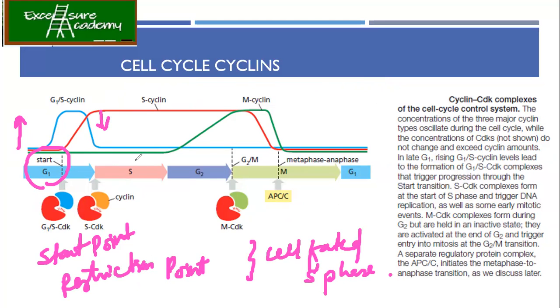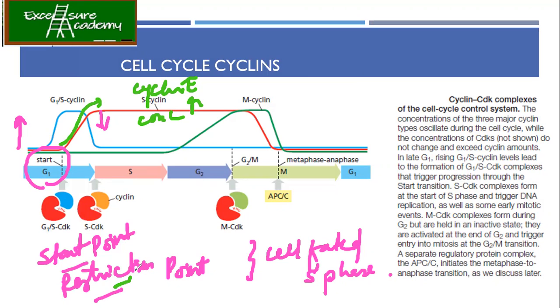Now, one more thing that is important to understand is that the moment the cell has crossed the start point, or the restriction point, the concentration of S cyclins, for example cyclin E, starts increasing, because you know that crossing the restriction point means the cell is fated to enter the S phase.